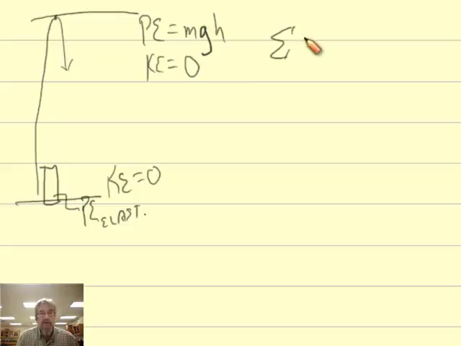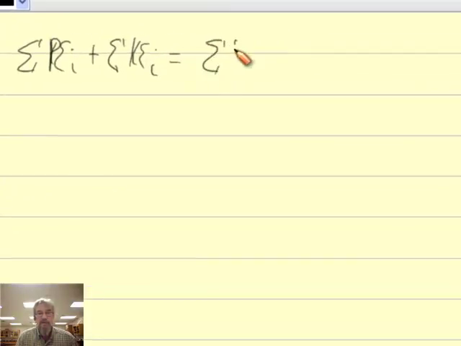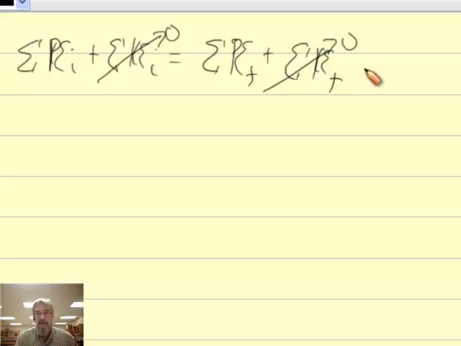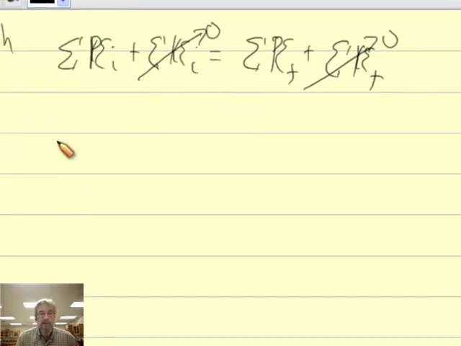So if we take the law of conservation of energy that says the sum of the initial potential energies and the initial kinetic energies has to be equal to the sum of the final potential energies and the final kinetic energies, we find that those KEs are really 0. So that means that the initial potential energy, and there's only one, so I'm not going to do the sum sign, has to be equal to the final potential energy.